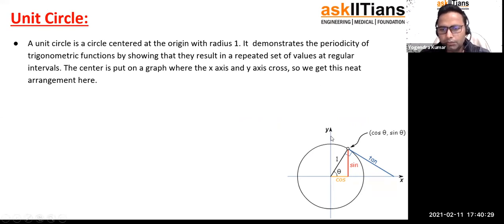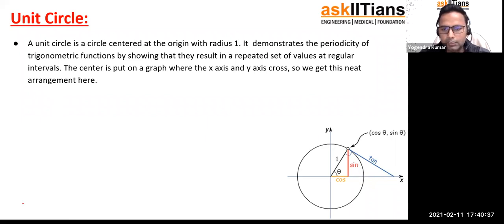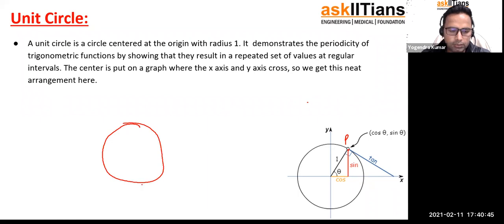Now you can observe here there is a point P on this circle. Let me make another circle to make you understand clearly.